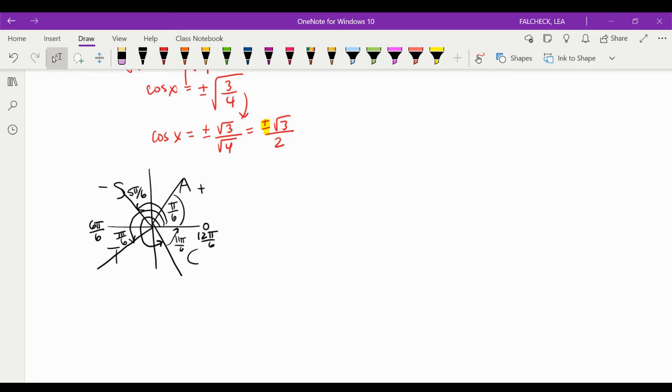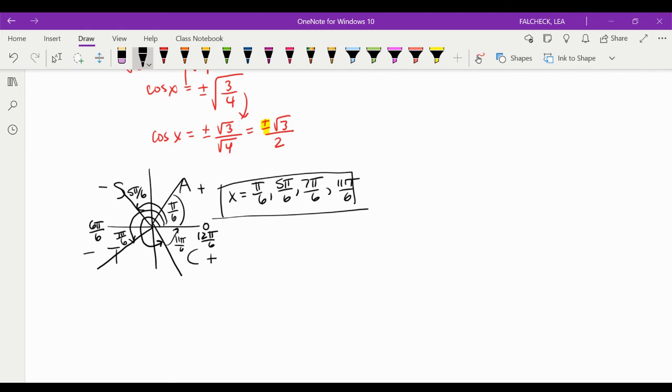So I have 4 possible answer choices. I have x equals pi over 6, 5 pi over 6, 7 pi over 6, in which case cosine would be negative, and 11 pi over 6, in which case cosine would be positive.